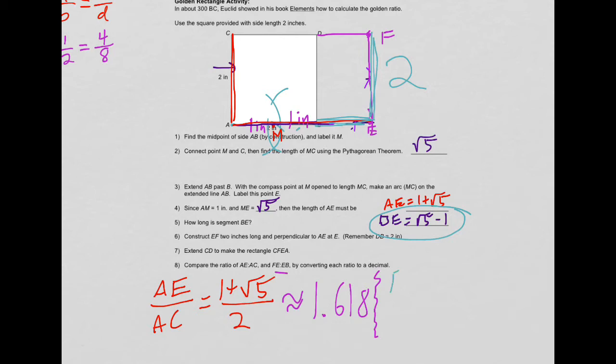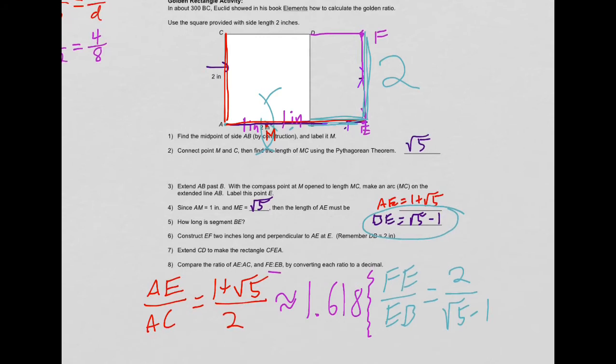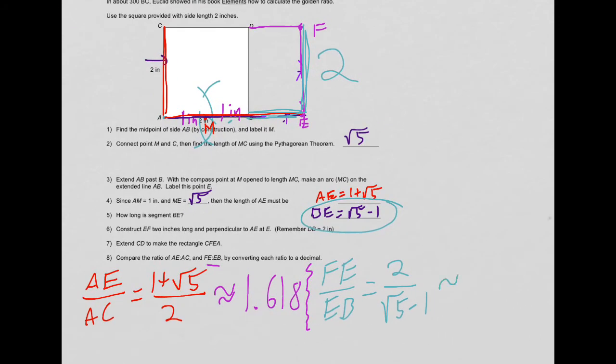So FE over EB is 2 divided by the square root of 5 minus 1. We plug that into our calculator, and we get 1.618. Now that's the same ratio, as you can see, as AE over AC.